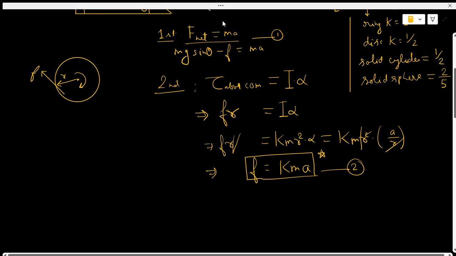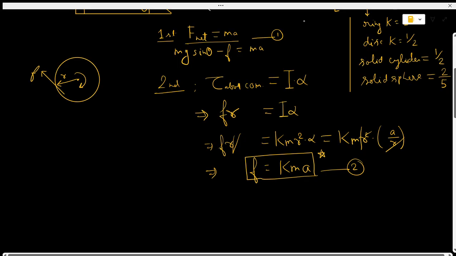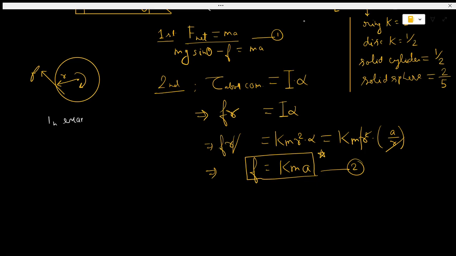Now, focusing on the concept, three types of conditions are often asked in exams on this topic. First one is what are the acceleration and velocity in this rolling.